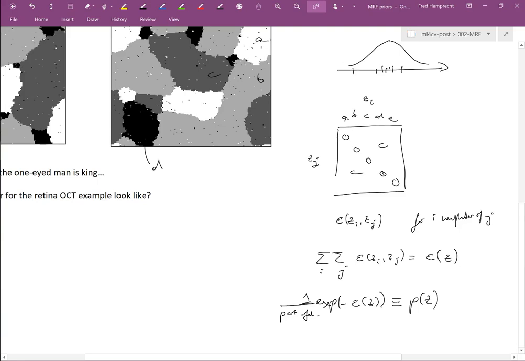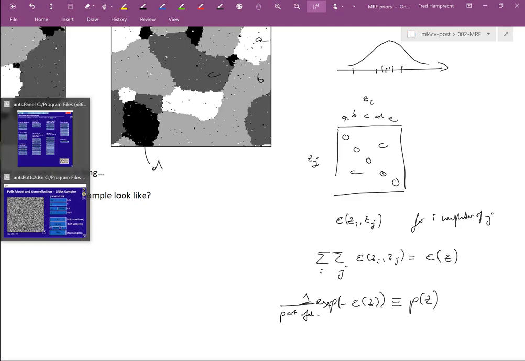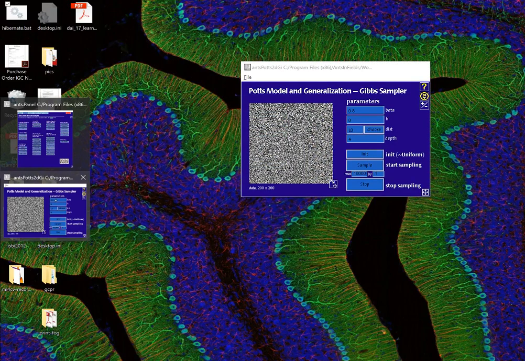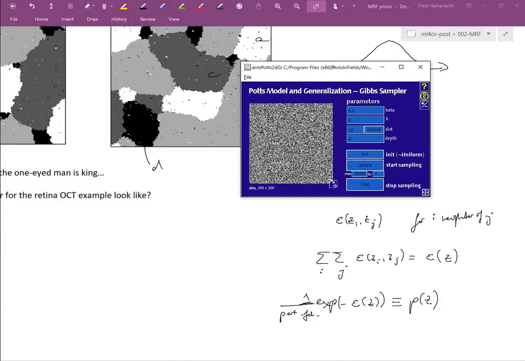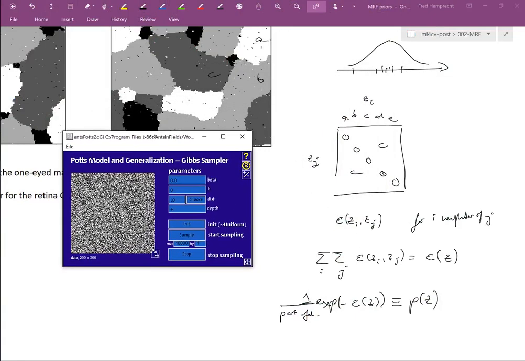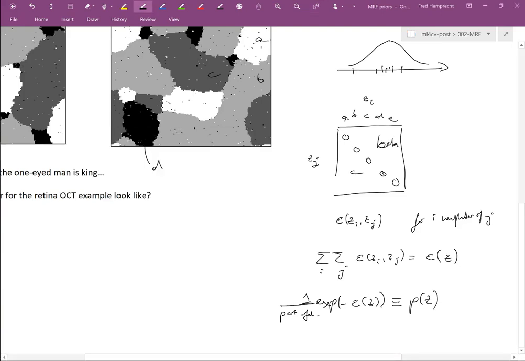And I want to show you how you can generate such samples. I've here used a program called Ants in Fields, which was developed by a member of the Winkler Lab, Rainer Friedrich, and it comes as an accompaniment to the book. So the interaction strength parameter, these people don't call it C, but they call it beta.